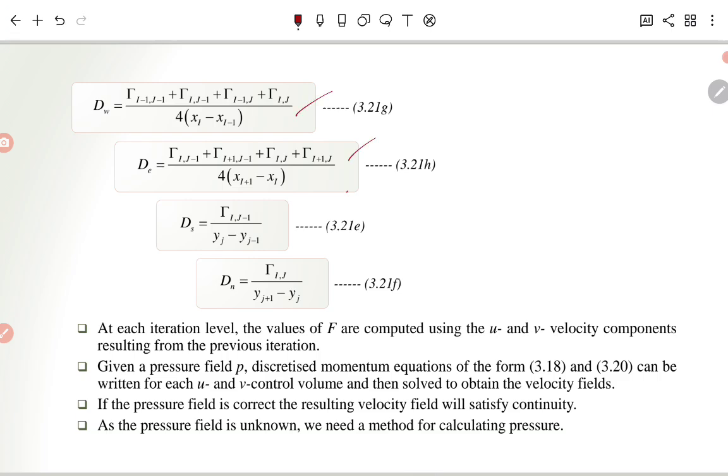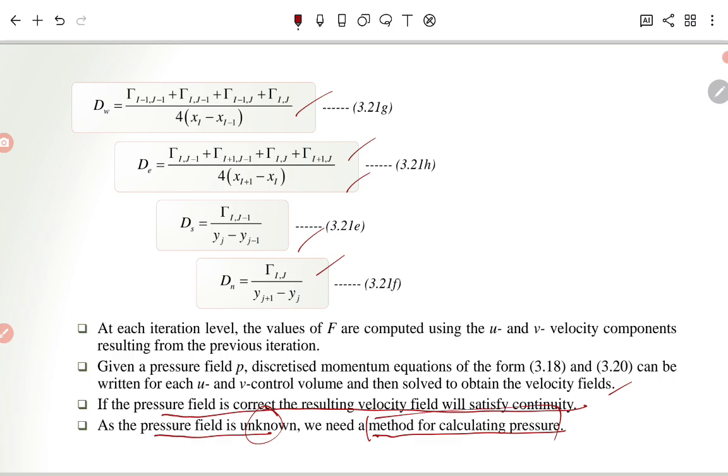This is for the diffusion term, and the given pressure field can be written over the control volume. If the pressure field is correct, the resulting velocity field satisfies continuity. As the pressure field is unknown, we need a method for calculating the pressure.